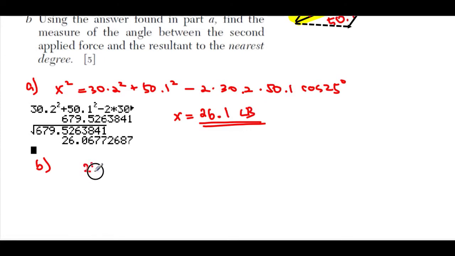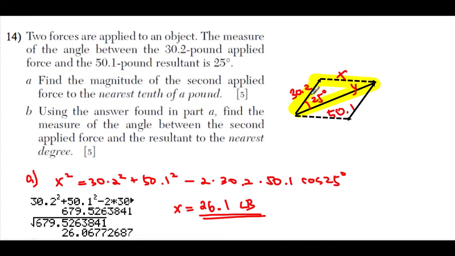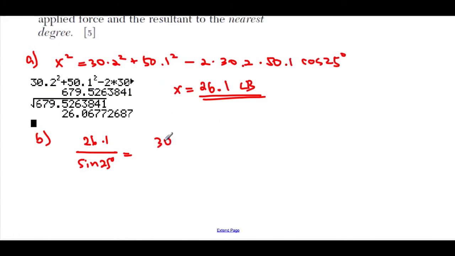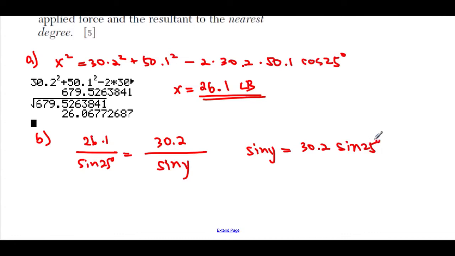So 26.1 over sine of 25 degrees must be equal to 30.2 over sine of y. Then sine of y must be equal to 30.2 times sine of 25 degrees, divided by 26.1 pounds, which we just got.